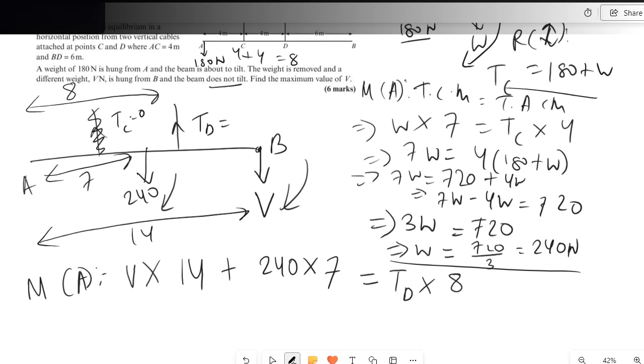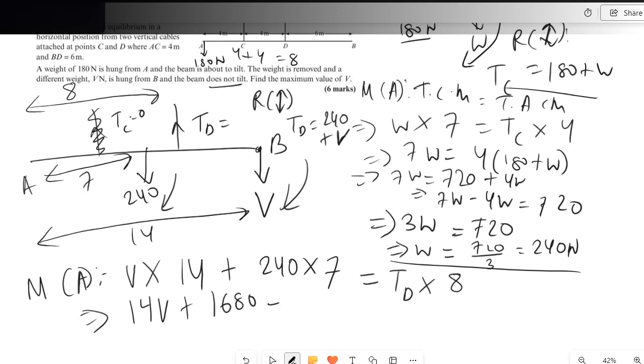Now if we resolve vertically again, just like before, we can see that the tension at D is equal to 240, which is the downward force, plus V, which is another downward force. So we can substitute that in our equation, finding 14V plus 240 into 7, which is 1680, is equal to 8 multiplied with (240 plus V).